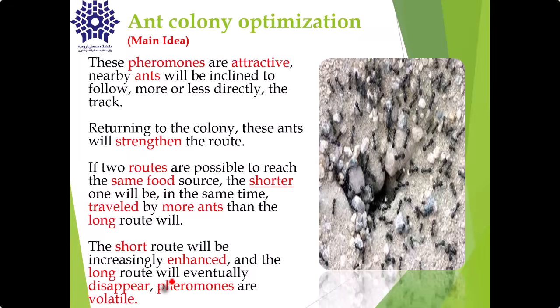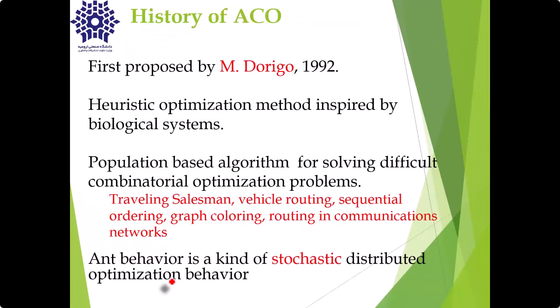Pheromones are volatile. Therefore, in 1992, a person named Dorigo proposed a heuristic optimization method inspired by biological systems, based on the behavior of ants in nature.